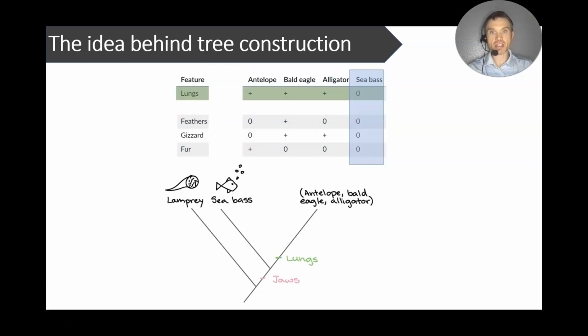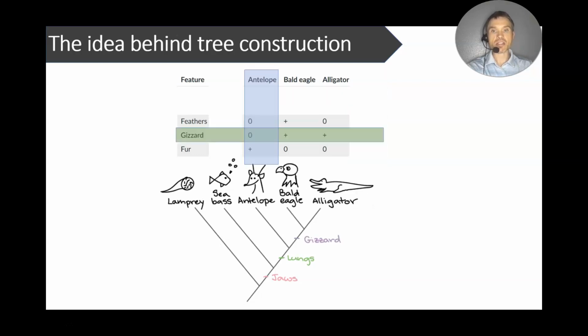Next, what you can see here is the lungs. What you can see here is that the sea bass lacks the lungs. The sea bass had a jaw, but it lacks a lung, where the other 3 species all have lungs.